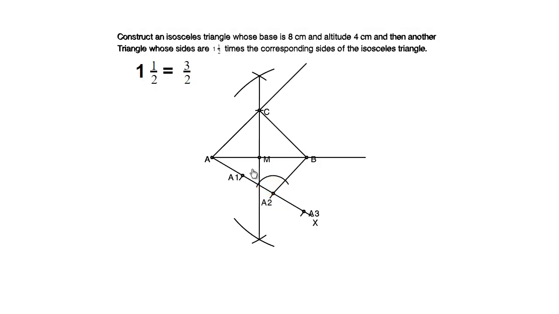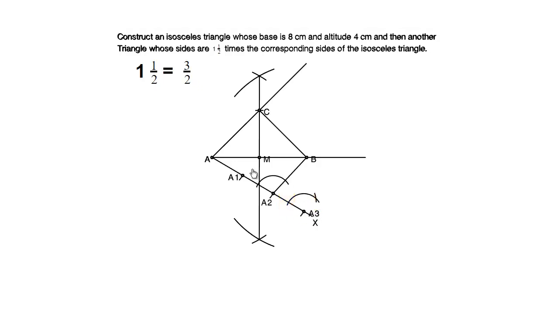Now without altering the measurement, keep your compass at point A3 and cut the arc. Now we need to measure the distance between the two intersection points here. With the same distance measured, keep your compass at this point and cut an arc here.